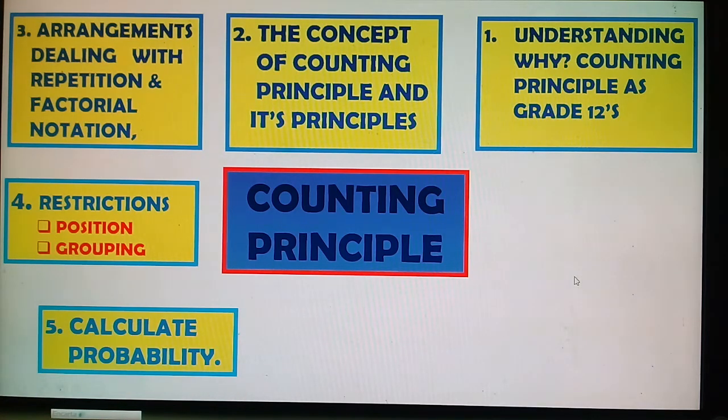And then we are going to calculate probability. We count the number of outcomes divided by the sample space. At the end we need to calculate the probability, where we need a sample space, where we need possible outcomes.